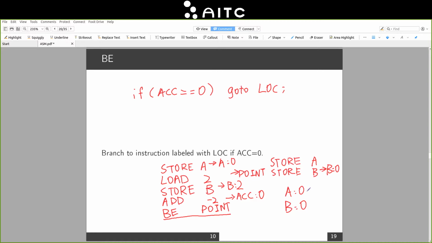So the B, which means to divide 2 in the log.